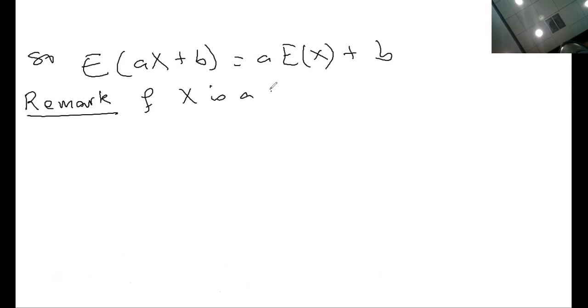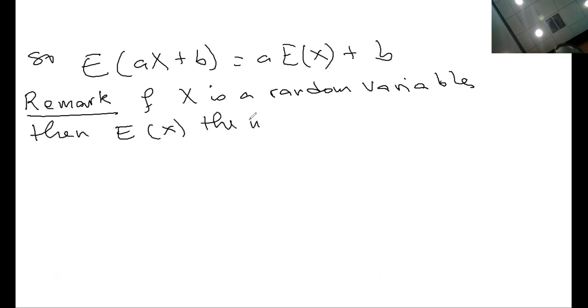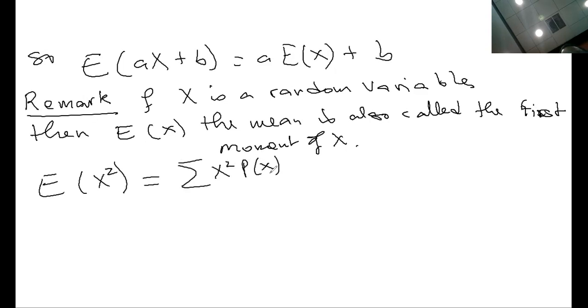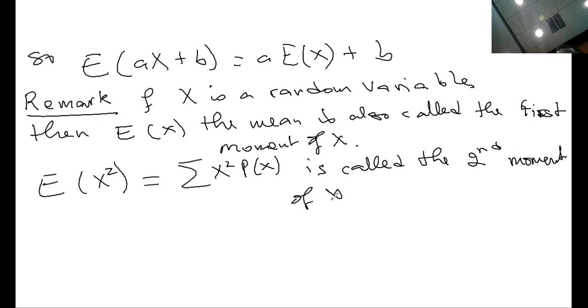If X is a random variable, then E of X, the mean, is also called the first moment of X. And E of X squared, equal to the sum of x squared times P of x, from what we have just said, is called the second moment of X.